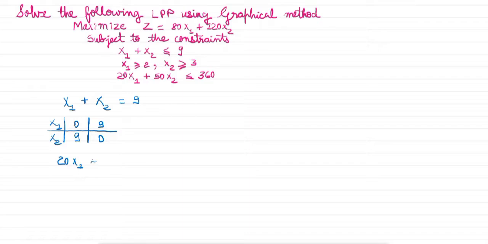Then we'll find the values of x1 and x2 for the second constraint, which is 20x1 plus 50x2 is equal to 360. Here, if I take x2 as 0, then I'll get x1 as 18, and if x1 is 3, then x2 will be 6. So we got our points.